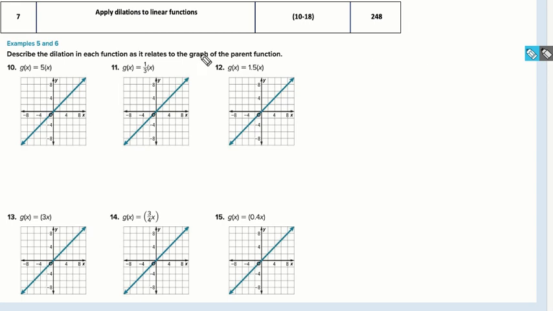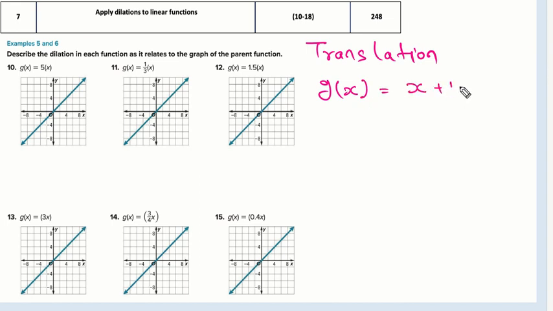In this topic, we will talk about dilation. So let's try to understand translation first. If you have a function g of x is equal to x plus k, then it will go up.